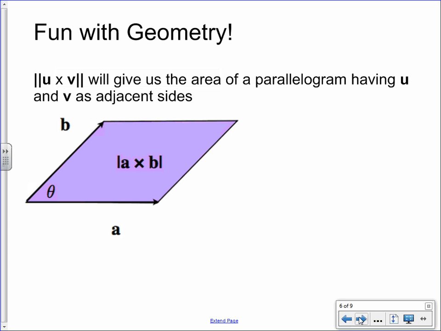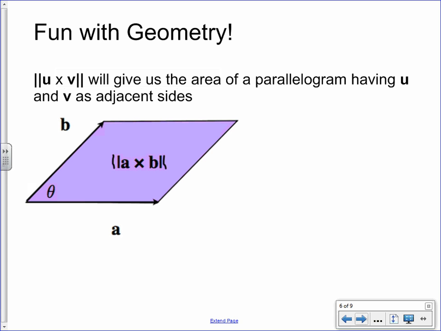No, it's supposed to be magnitude. Because A cross B is going to give us a vector, but by finding the magnitude of that vector, that's actually the area of the parallelogram. Now there's a nice, long proof that I could go through and show you why that is, but I think today we're just going to accept it.